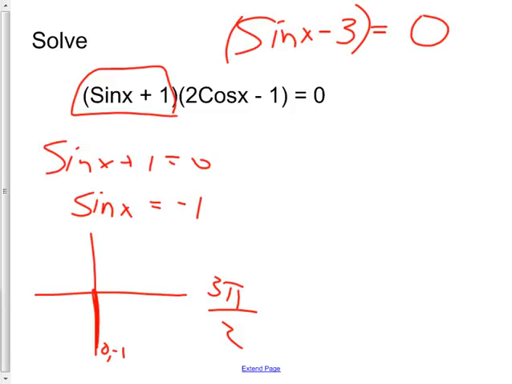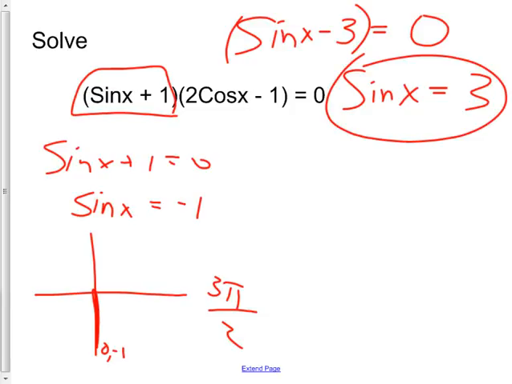Well, it's impossible, because you can't have sine equal 3. Think about it. What's the biggest sine can ever be? 1. And so if you're asking for sine to be 3, that's impossible, and you say there are no solutions for that part. Absolutely. It was on the homework yesterday. All right. So if you're asked to give something that's not possible, then you say it's not possible.